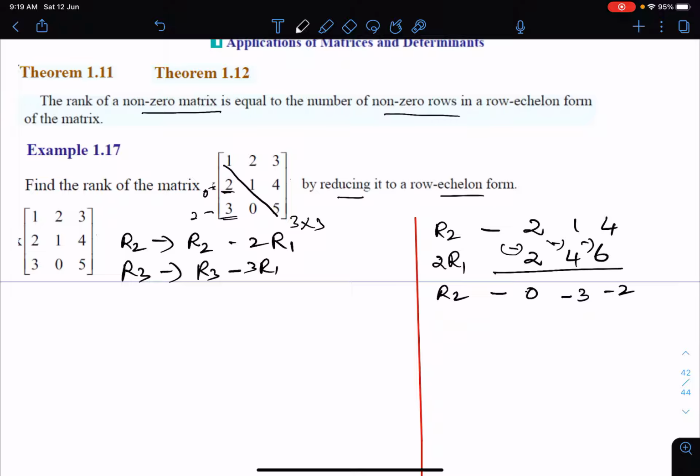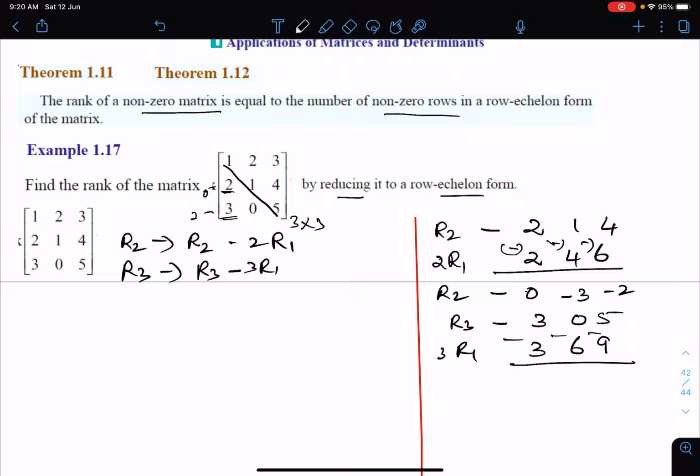Now similarly for R3 and 3R1. What is our R3? 3, 0, 5, and 3R1 is 3, 6 and 9. Now you subtract.